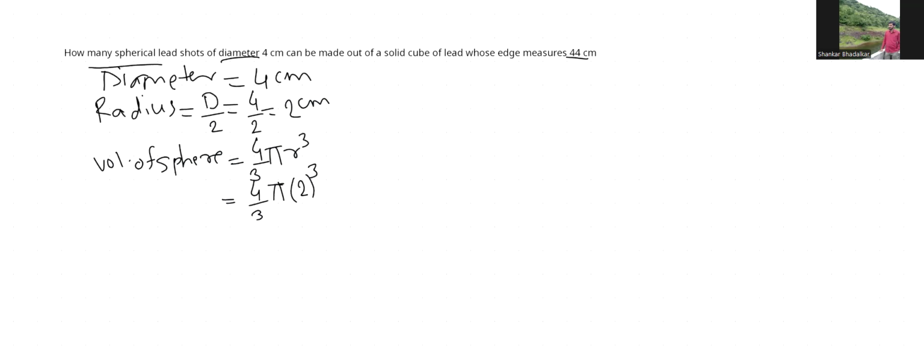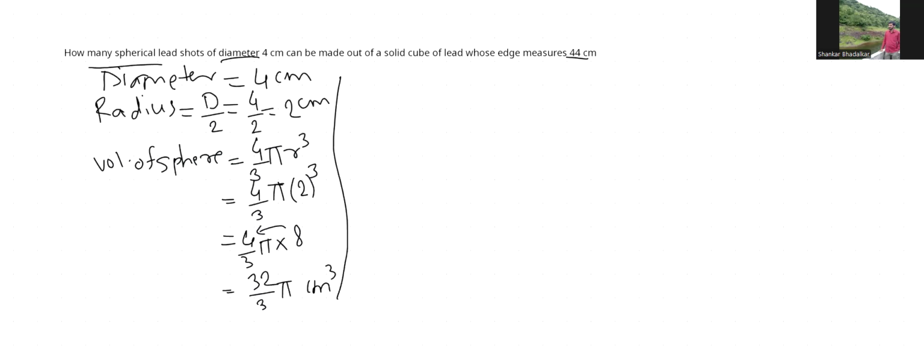We write 4 by 3 as it is, pi as it is, into 8. So 8 into 4 is 32. So 32 by 3 pi centimeter cube is the volume of one sphere.